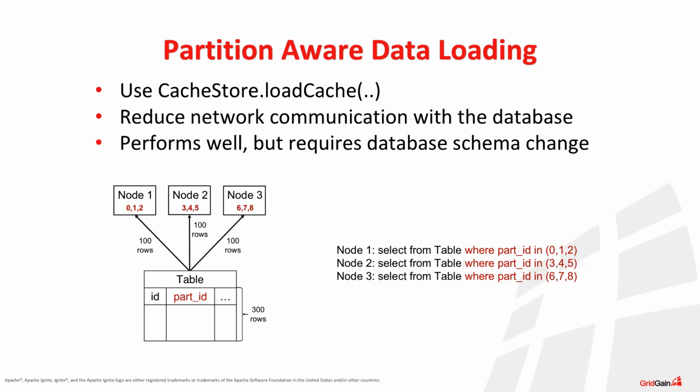So the loading process will be split across all the nodes that we have in the topology. This is a very good approach from a performance standpoint, and in many cases it's the best one, but it requires a database schema change, which is not always possible.